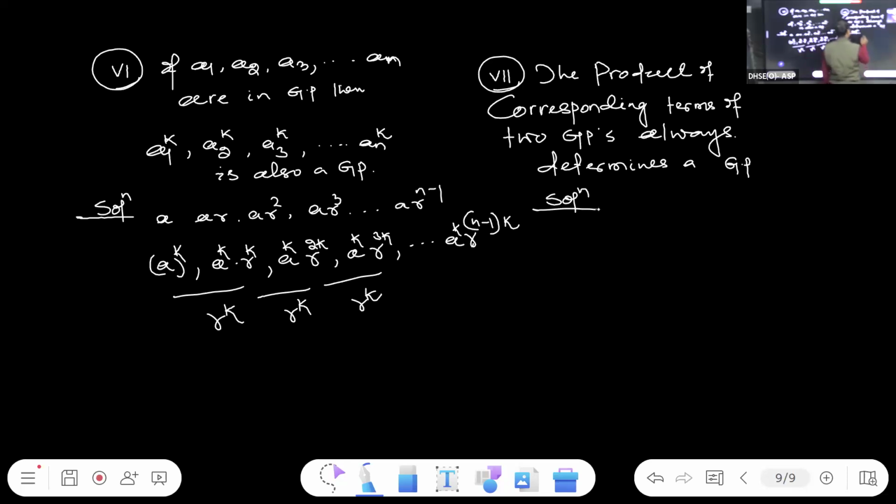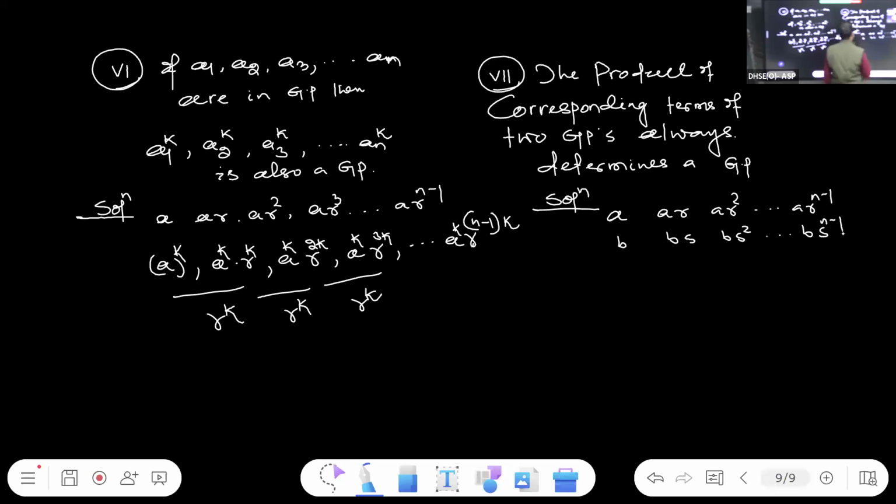Let us consider two GPs. The first GP is a, ar, ar² up to ar^(n-1). The second GP is b, bs, bs² up to bs^(n-1).